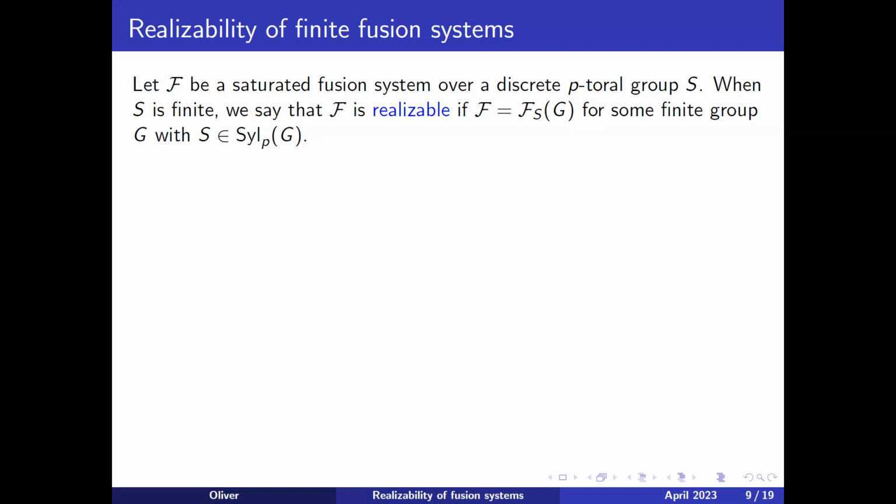These conditions are important because various people have shown that any saturated fusion system, maybe any fusion system, over a finite p-group S can be realized by some infinite group with respect to a Sylow subgroup. And it can also be realized by a finite group with respect to a p-subgroup that might not be Sylow.